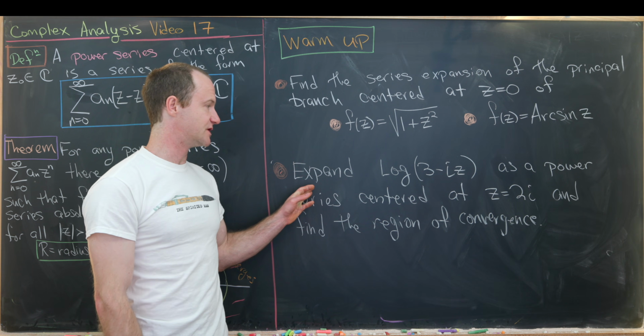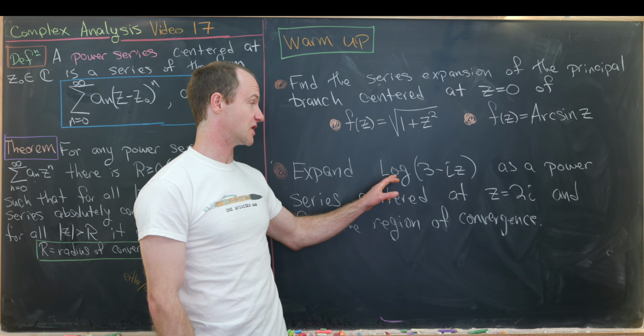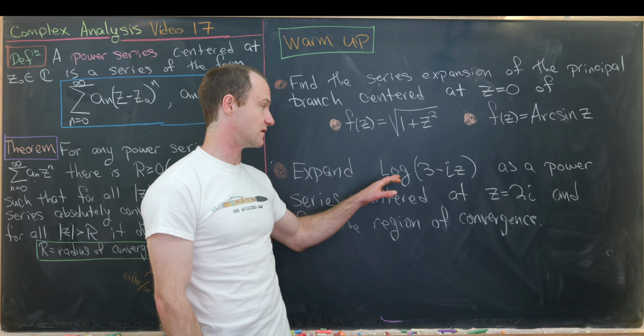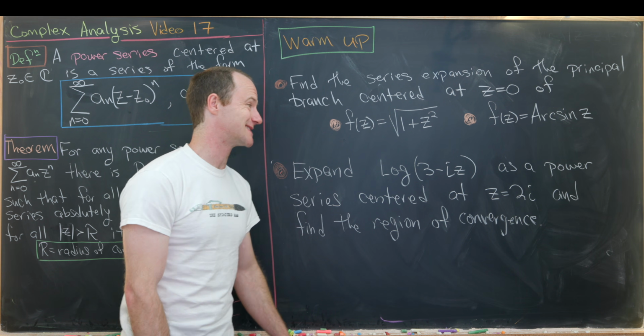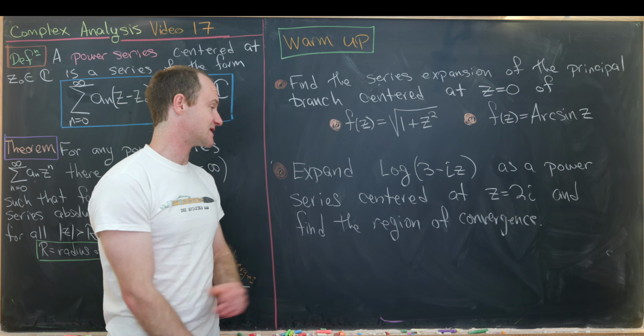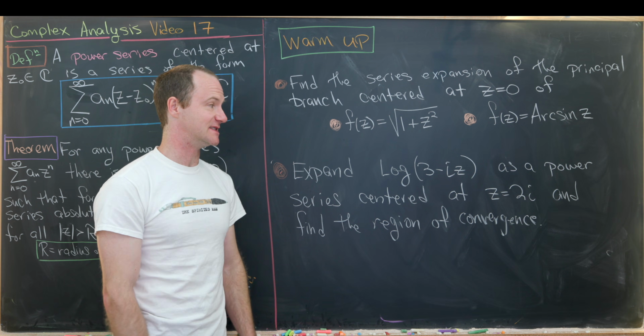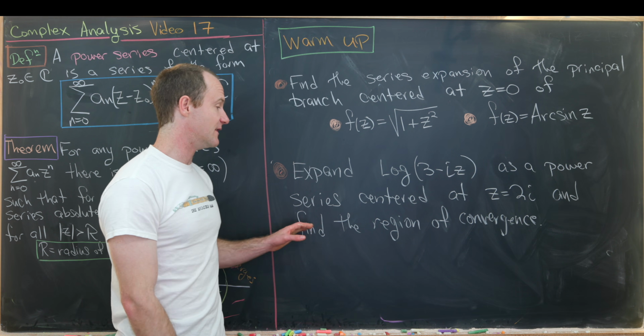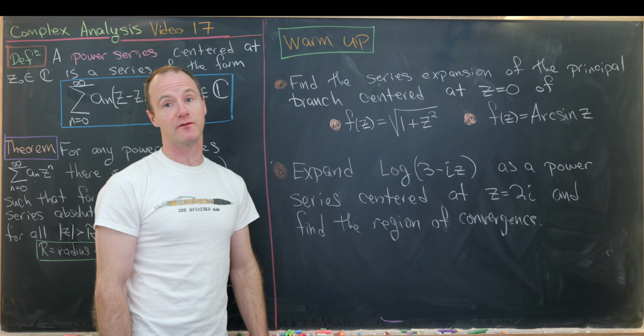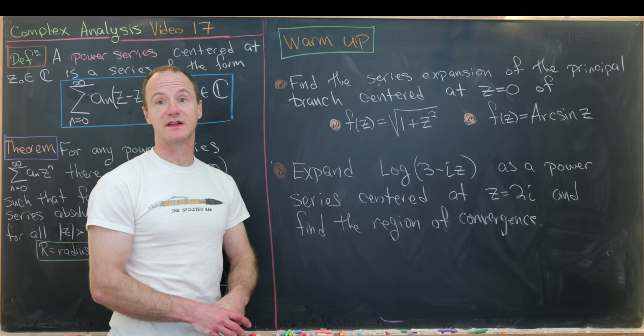The next is to expand the function, which is the principal branch of log of 3 minus iz, as a power series centered at z equals 2i, and then describe the region of convergence. Okay, that's a good place to stop.